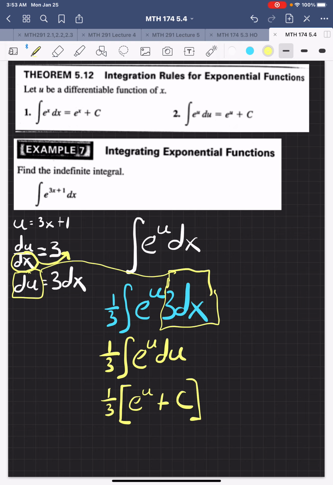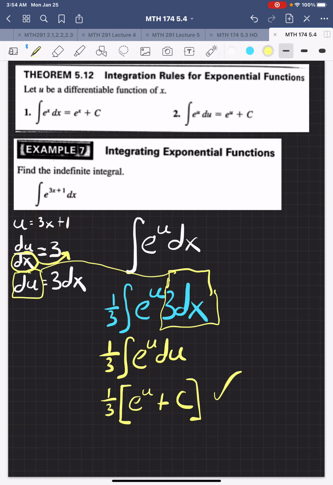All right. So can you tell me what the last thing I need to do is? I don't care if people are around, just shout it out. Tell me through your microphone. What am I missing? Well, yeah, look. Your customer gave you something in terms of x. If you give your customer back something in terms of u, your customer's like, what does the u mean? So you need to take 3x plus 1 and resubstitute back in for u.